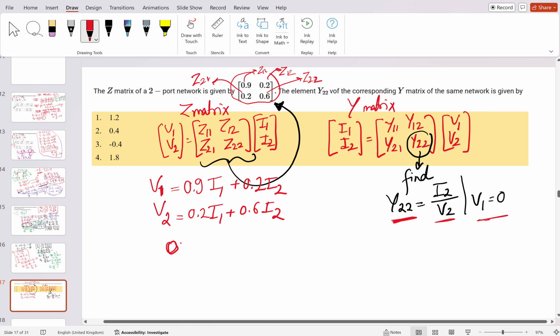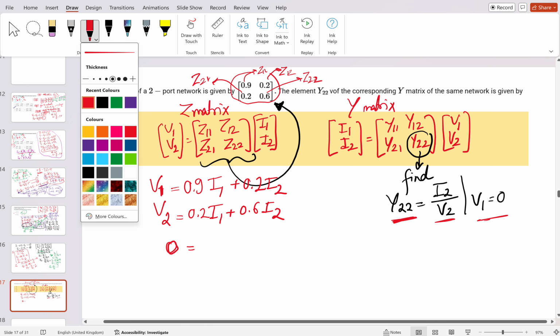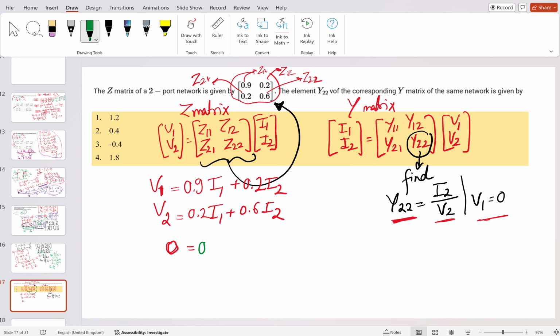You will get 0 equal to 0.9 times I1 plus 0.2 times I2. This is one equation. Or you can put this in the second equation. Basically, you want the I2 value: 0.2 times what is the value of I1?